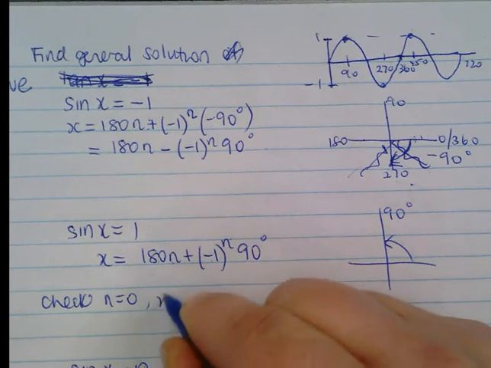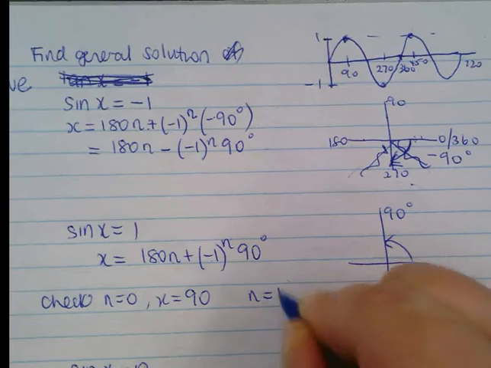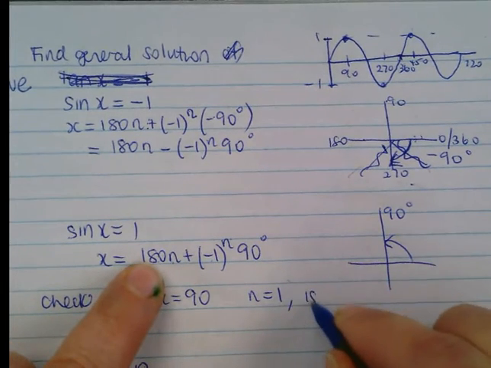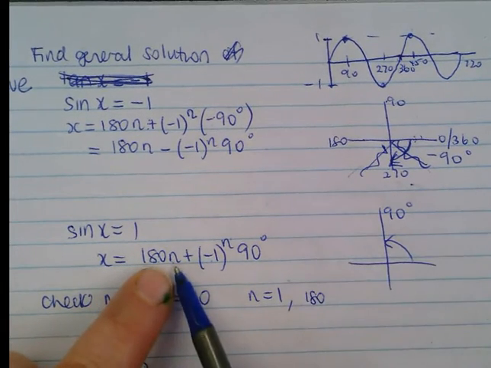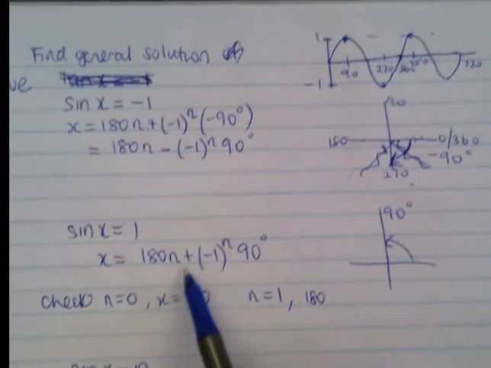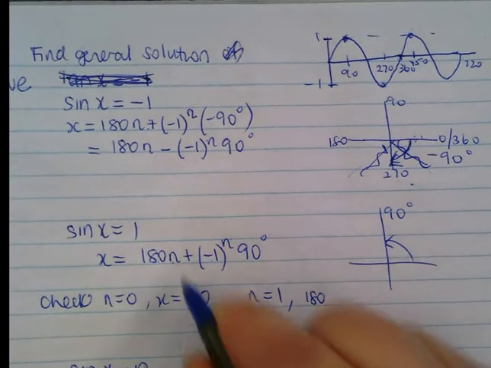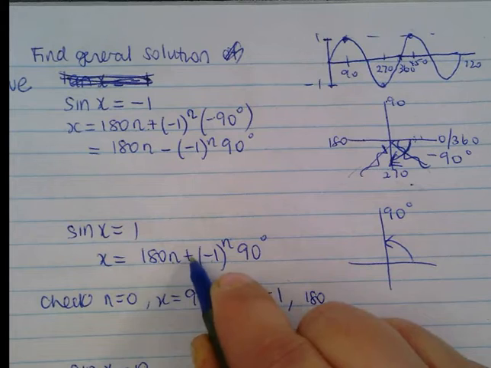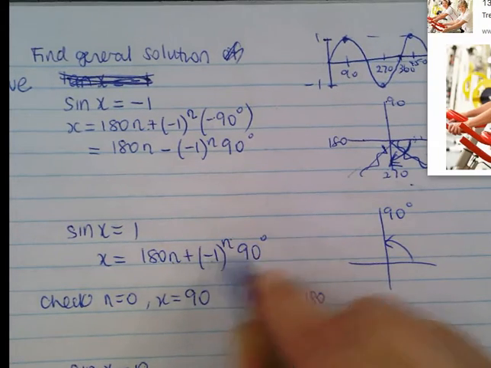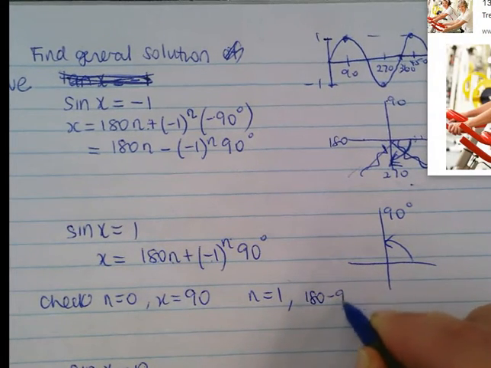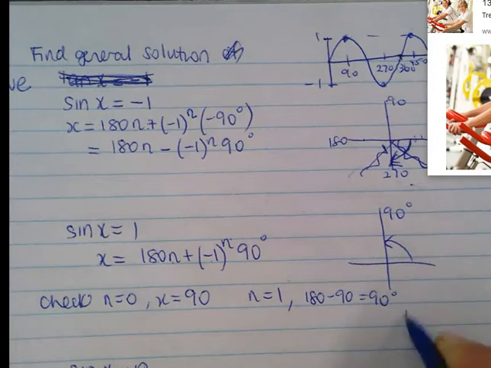You get x is 90. And when n is 1, what do you get? You get 90 again. 180 times 1 is 180, plus (-1) to the power of 1 is -1 times 90. It's 180 minus 90, which is 90, so you get the same.